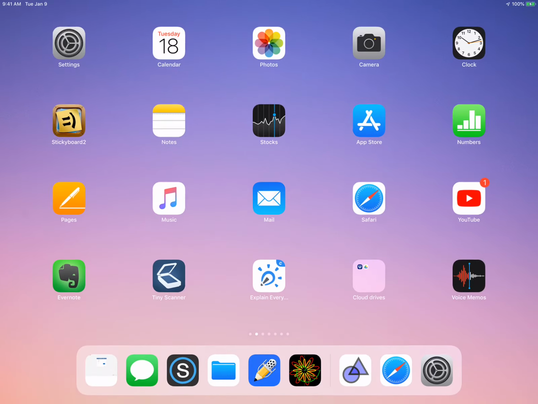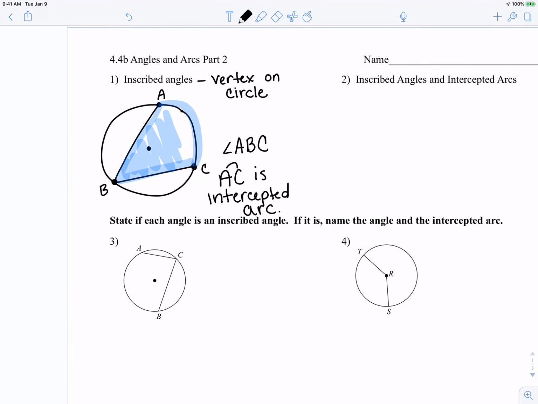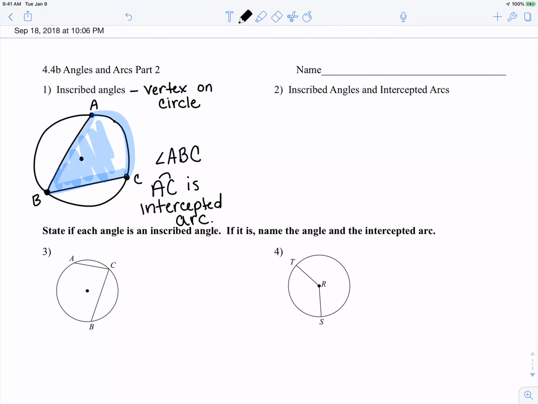All right, so let's go ahead and write this relationship down. So I'll draw an intercepted arc and an inscribed angle here. We'll call it ABC again, I guess. Alright, so angle ABC is the inscribed angle, and that makes AC the intercepted arc.